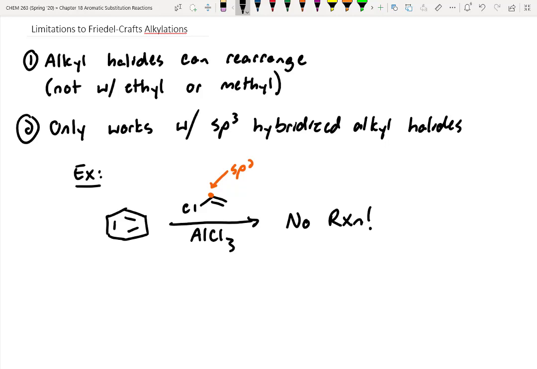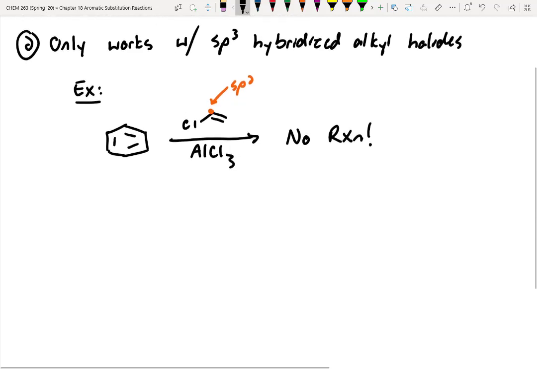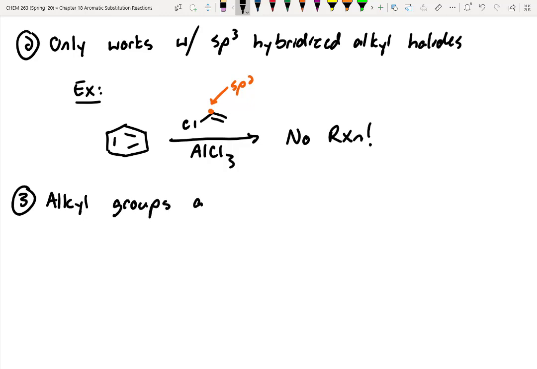All right, the third one gets a little bit more complicated, and we'll talk more about this later, but it is that alkyl groups are what we call activating groups. Activating essentially means that once you install one, this following reaction is actually even faster, which means that this leads to over-alkylation, an uncontrollable reaction.